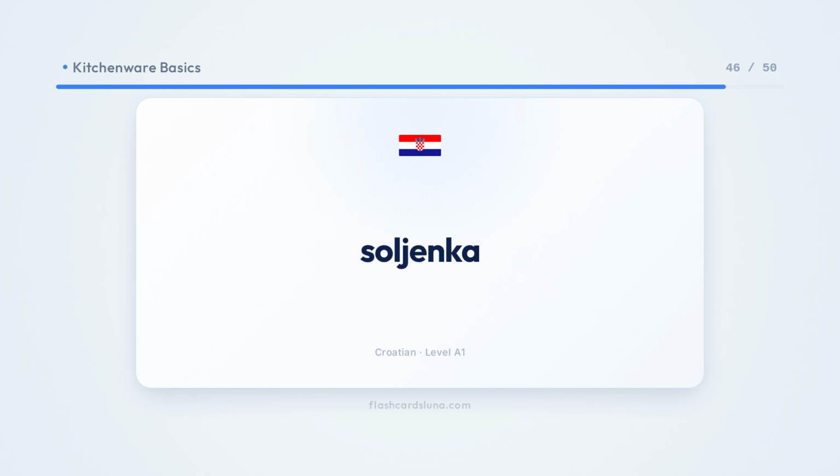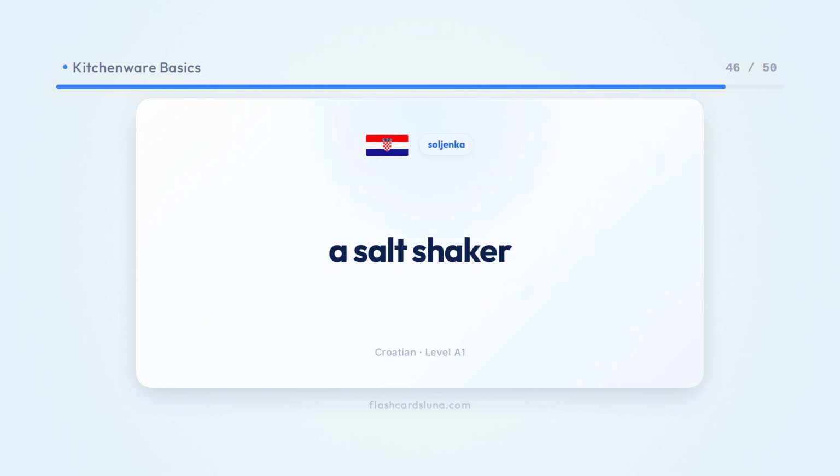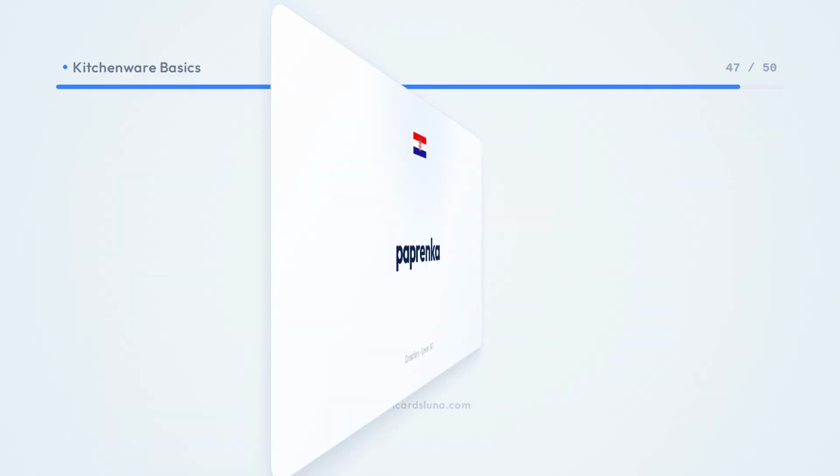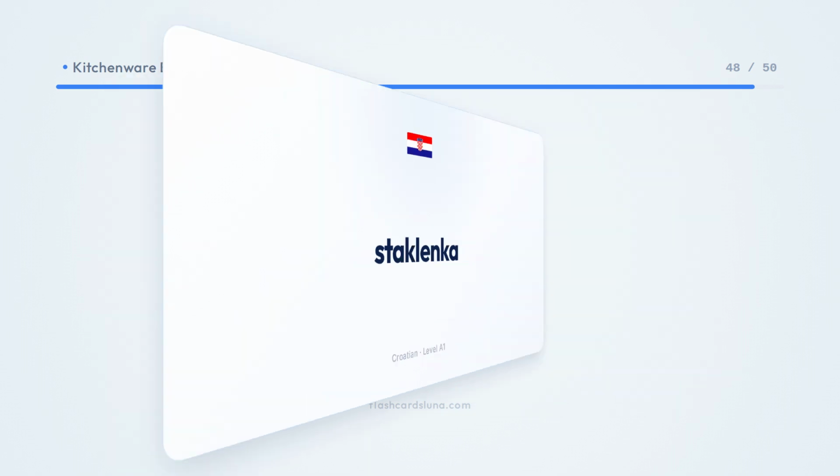Soljenka. A salt shaker. Paprenka. A pepper shaker. Staklenka. A jar.